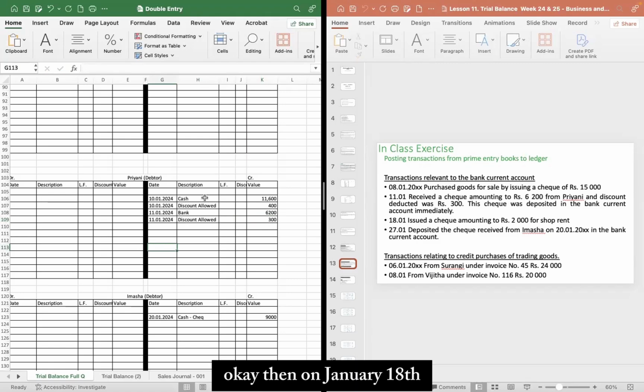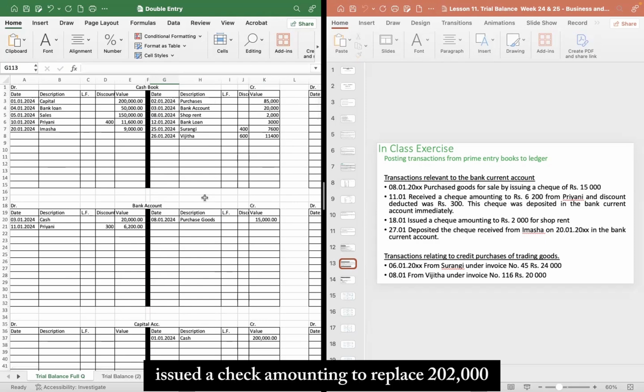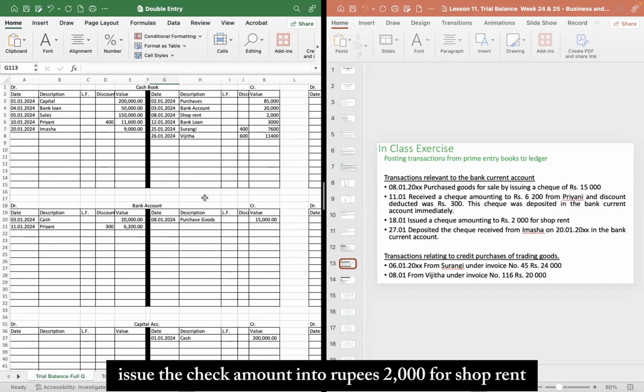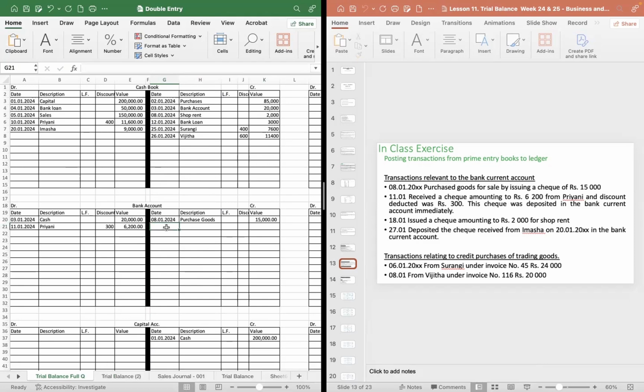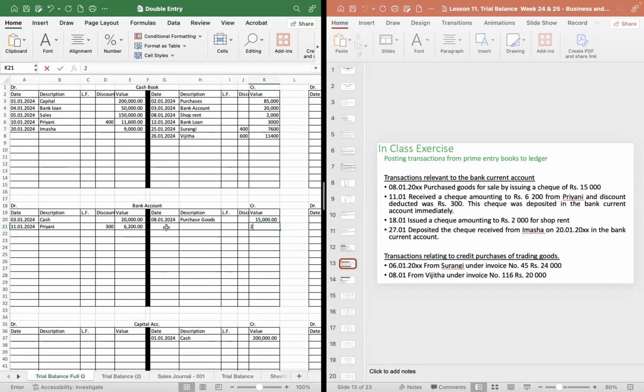Then on January 18th, issued a check amounting to rupees 2,000 for shop rent. So you are issuing a check, your cash balance is going down, 2,000.